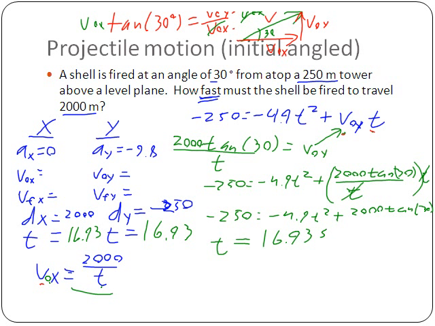Probably the easiest one to find is v naught x, because v naught x equals 2,000 over t. So v naught x is equal to 2,000 divided by the time, 16.93 seconds. If you work that out, that gives 118.124.